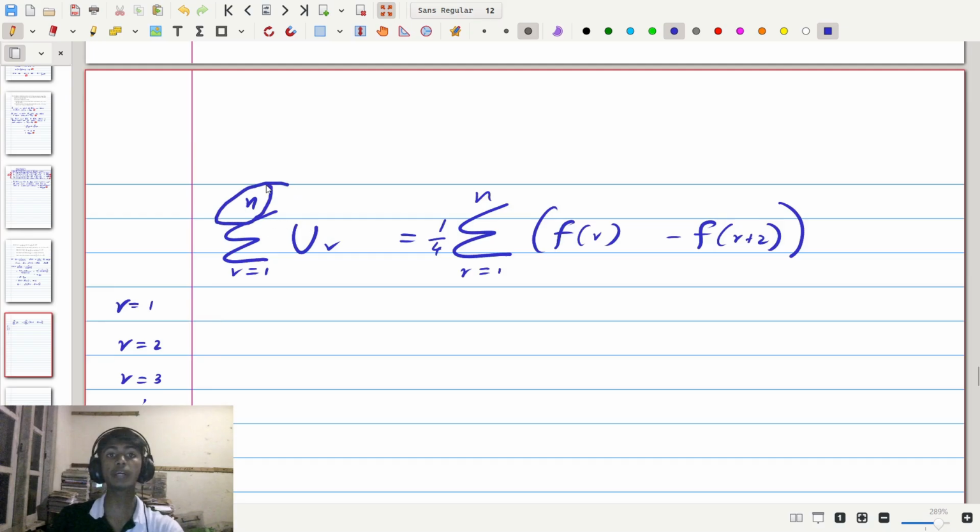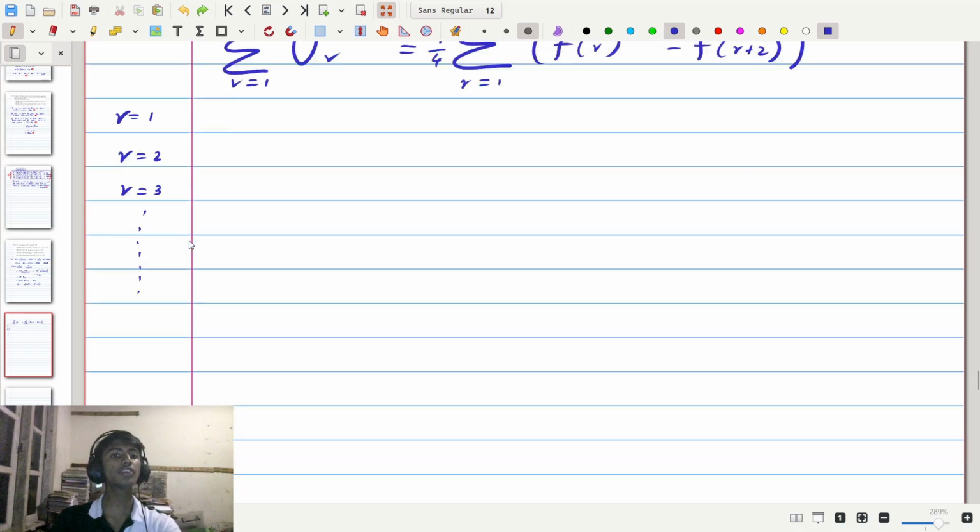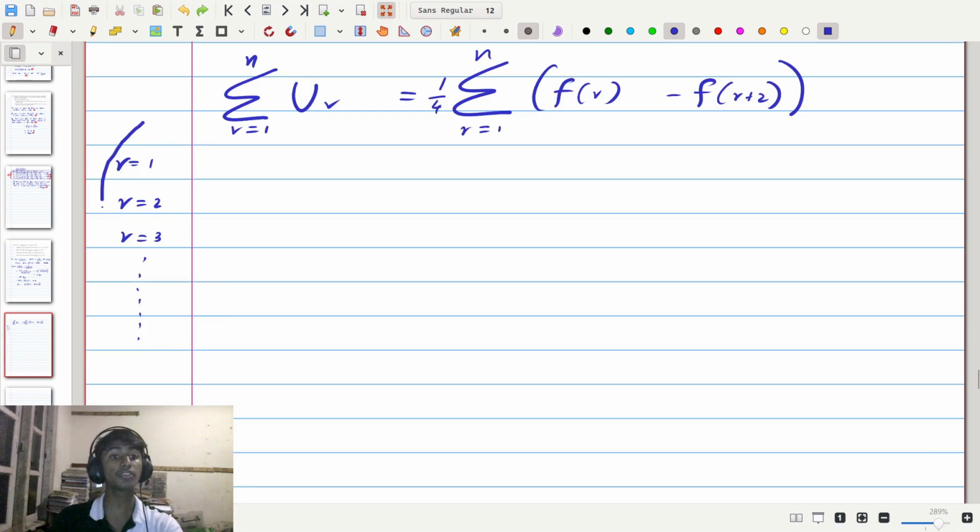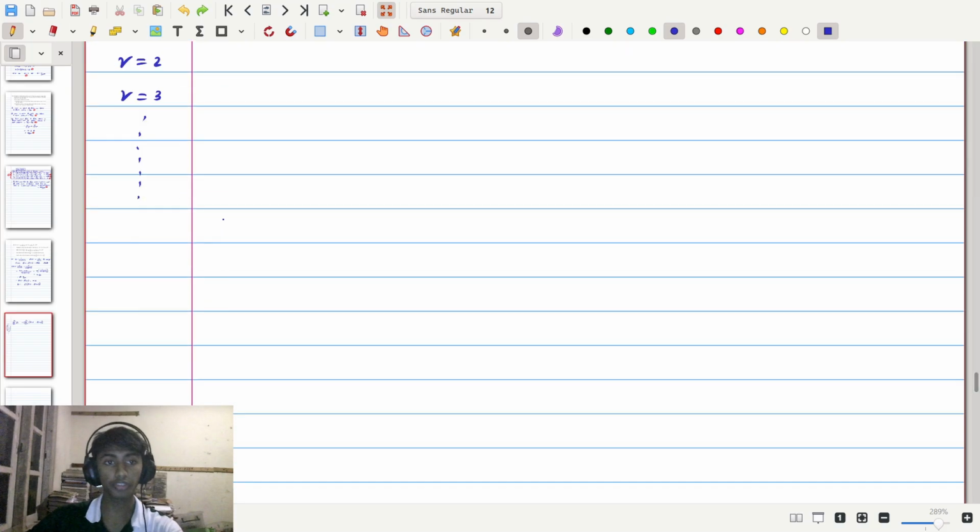The very last term is the r equals n term. Before that we have the r equals n minus 1 term, and before that we have the r equals n minus 2 term. Since I do the first 3 terms, I'll also draw the last 3 terms. So therefore we have r equals n minus 2, r equals n minus 1, and finally r equals n. And these are the terms that we're considering.